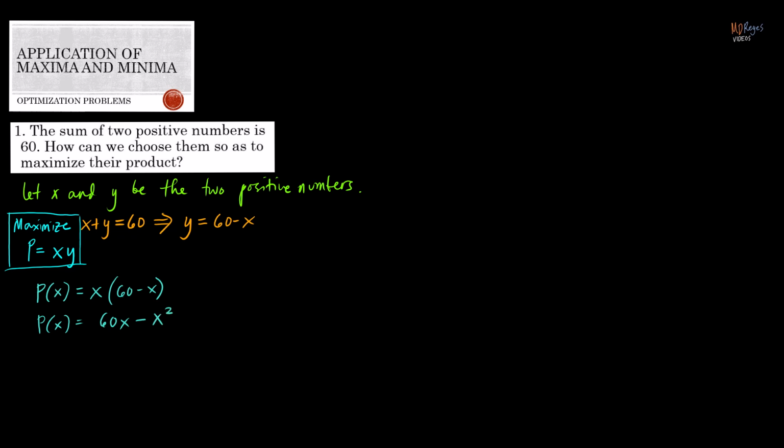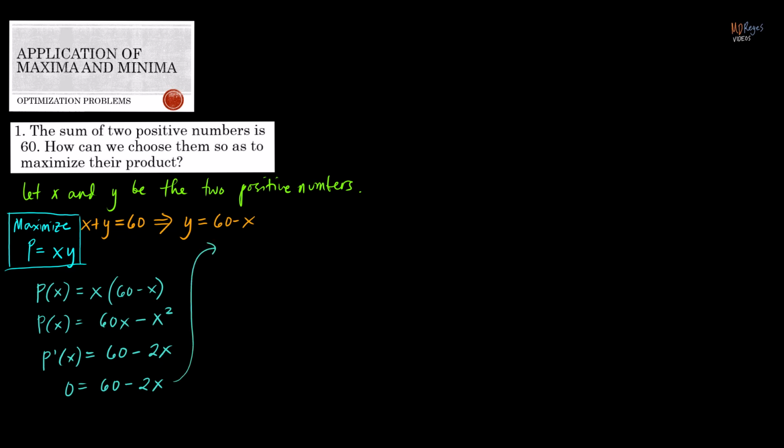Now we'll try to get the maximum value for p by getting the first derivative of p. So p prime of x is equal to 60 minus 2x. Now remember, to get the maxima or the minima of a function, we equate its first derivative to 0. So equating p prime to 0, we'll get 0 equals 60 minus 2x, and then we'll solve for x from this equation.